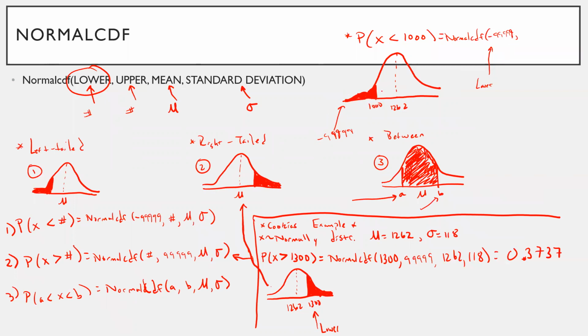And then where does it tell you to stop finding the area? At what number here? Where does the red area stop? 1,000. Yep, and that would be your upper. And then you're going to put in the same mean, 1262, comma 118.